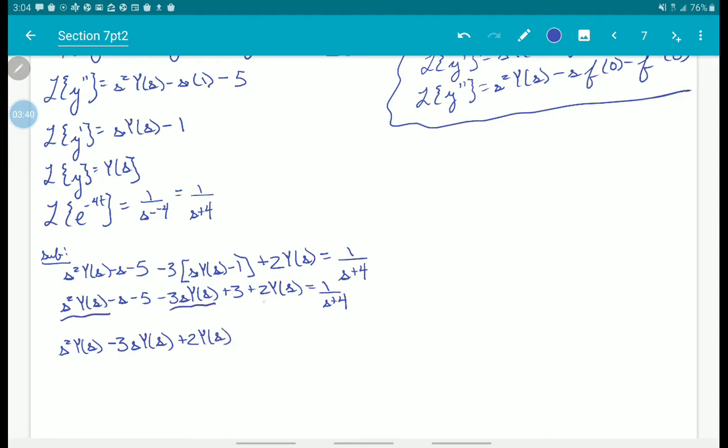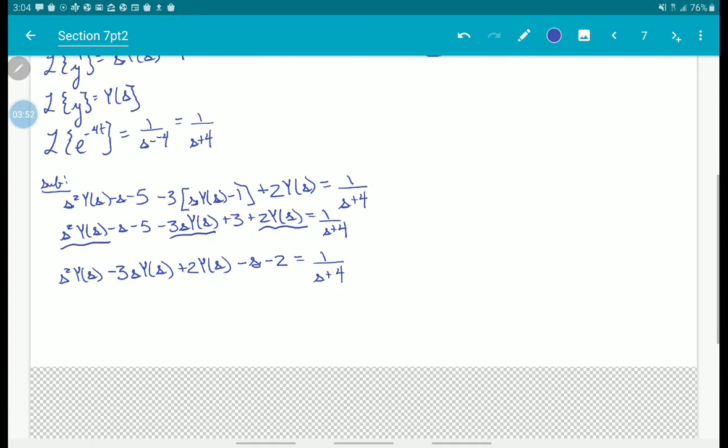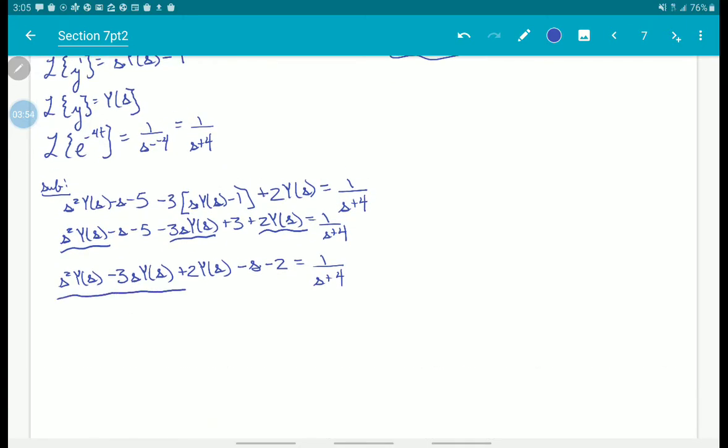So I've grouped those together. And then we have a minus s minus 2. So these 3 have that Y of s in common. If we factor it out, we're going to be left with s squared minus 3s plus 2. And then we have 1 over s plus 4 on the right. And I'm going to go ahead and move that s plus 2 over also.